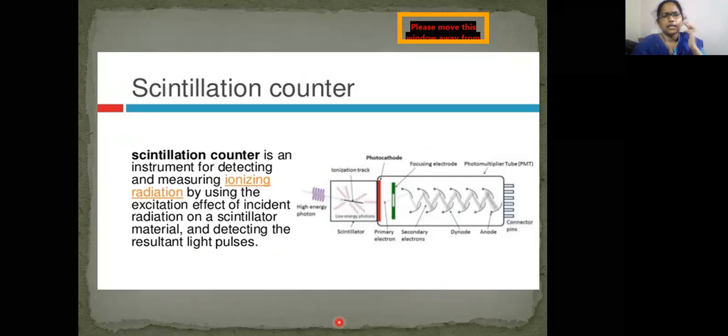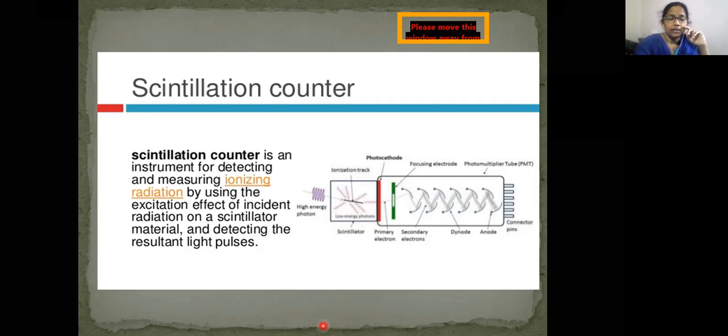A scintillator is a material which emits light spontaneously, without applying any heat. Okay, so that material is known as a scintillator.